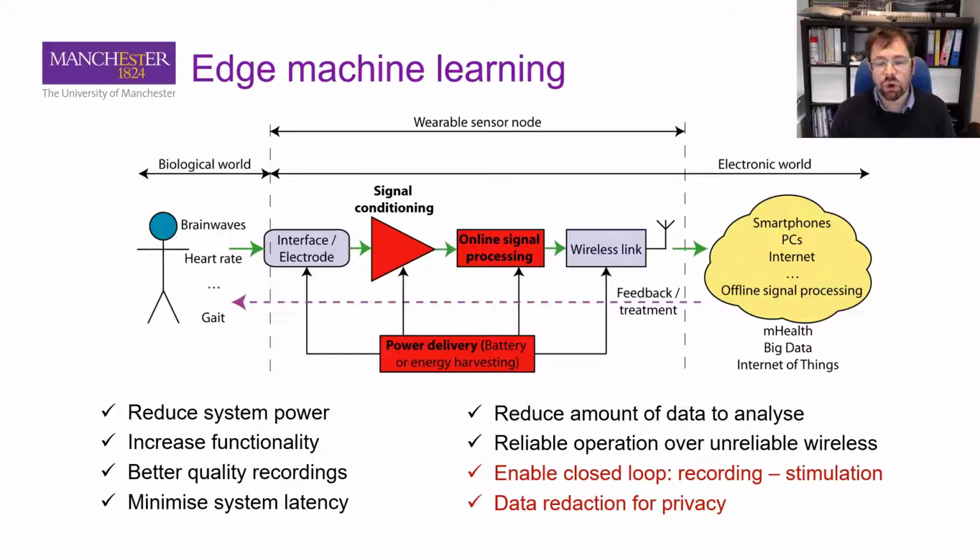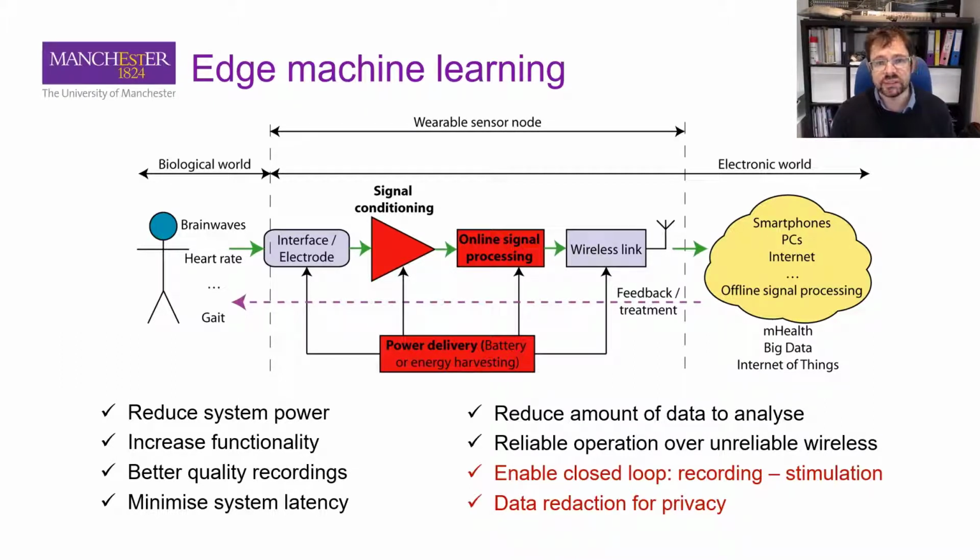And there's a number of benefits for doing that. Traditionally, it was to decrease power consumption, because wireless transmission of data consumes a lot of power. And if you can run your processing locally, you don't need to transmit the raw data to a data center for processing. You can just transmit the end result of any analysis, and that would save a lot of power.